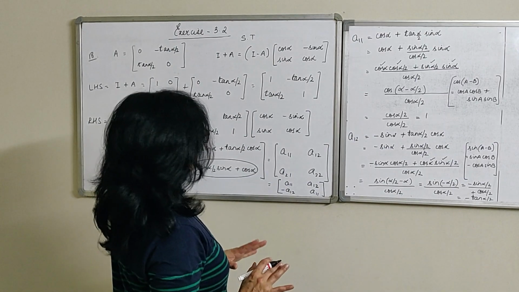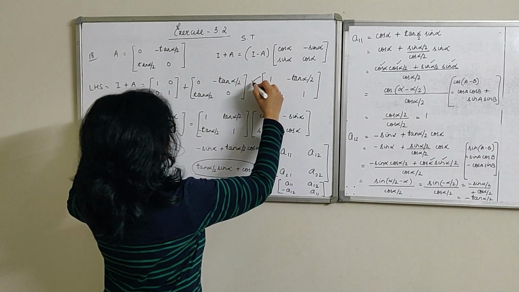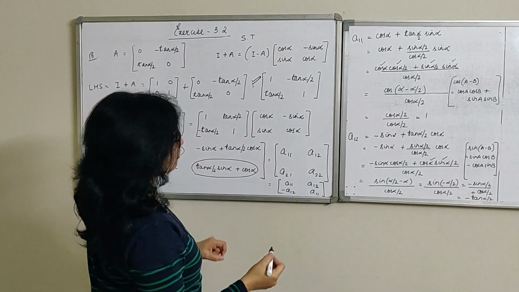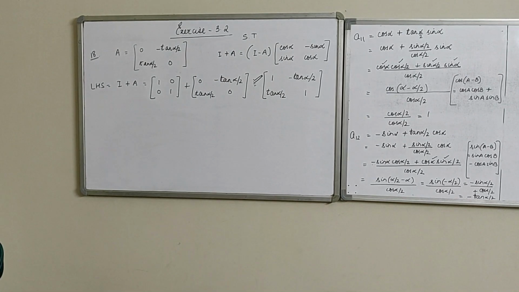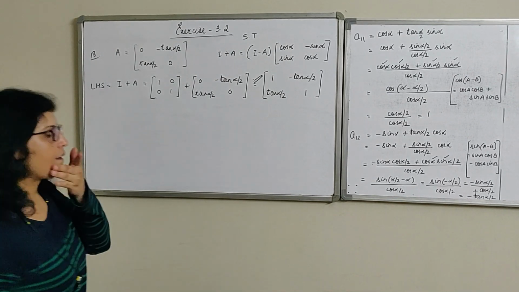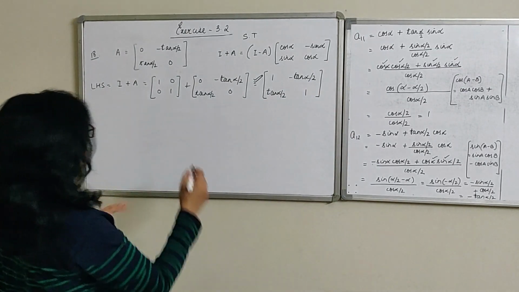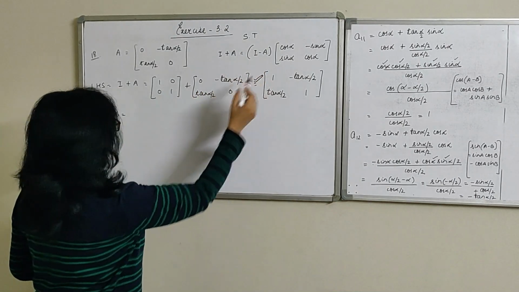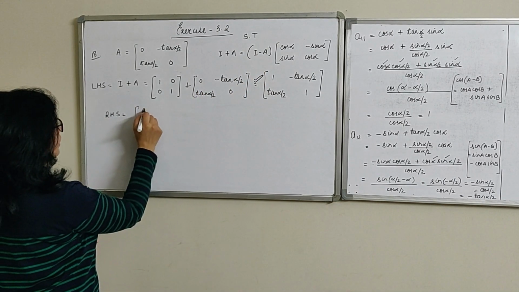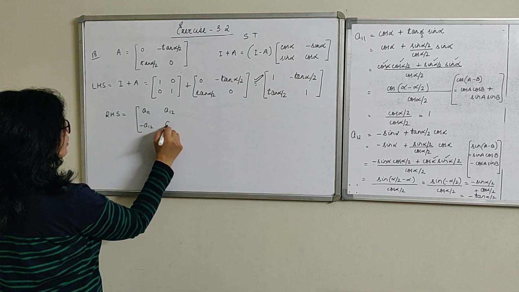So finally we can compare here. The left hand side matrix is this and the right hand side matrix. Now since we have found elements A11 and A12, we have seen earlier that the right hand side on simplification was a matrix given by these elements.